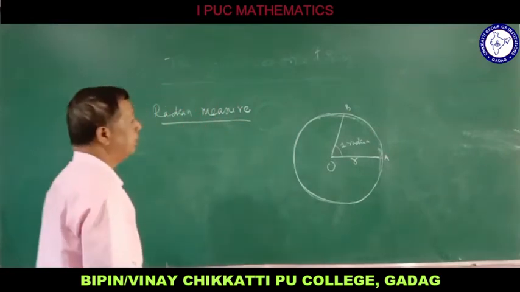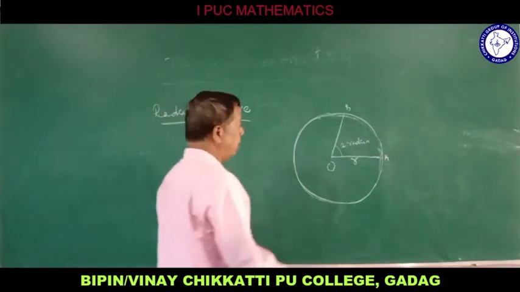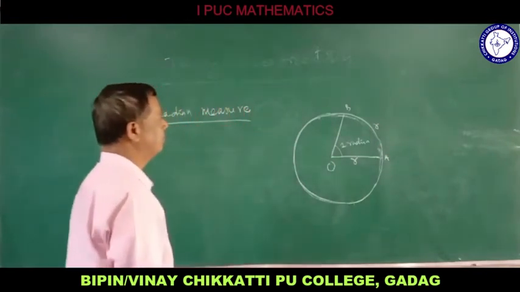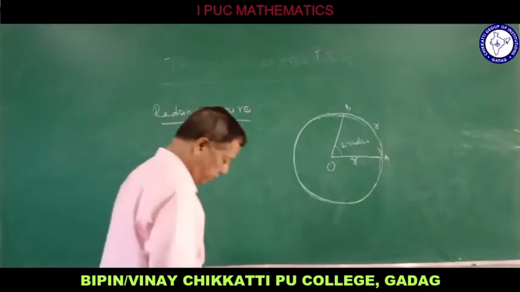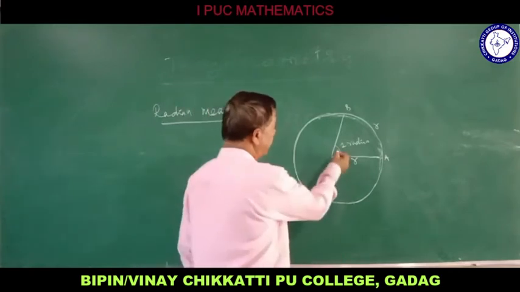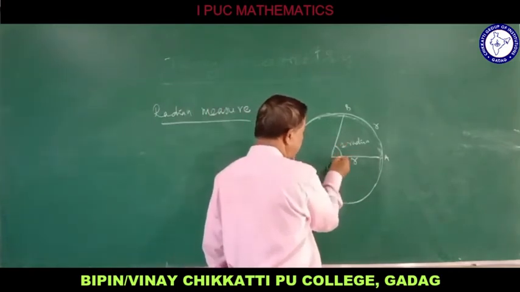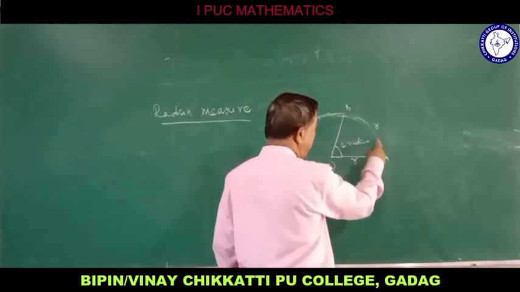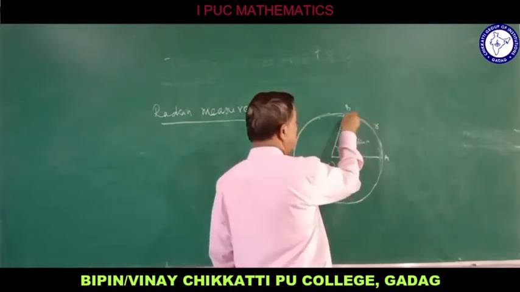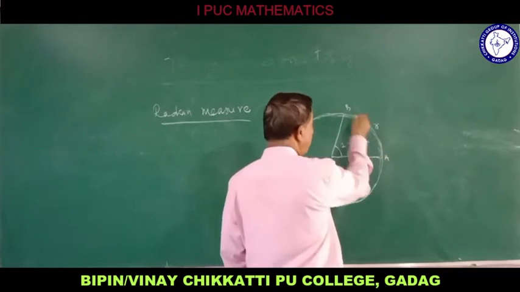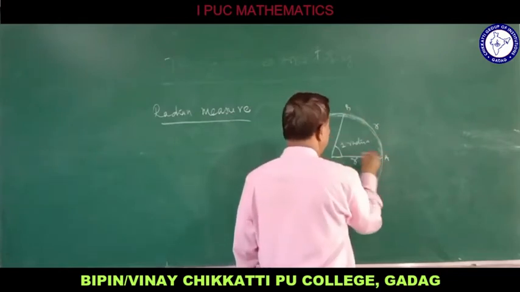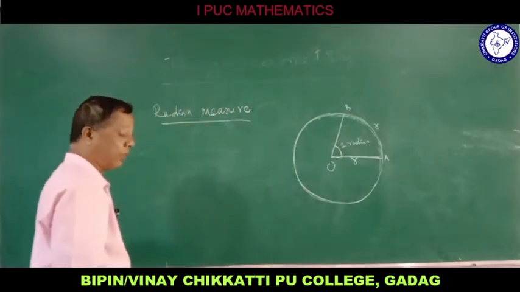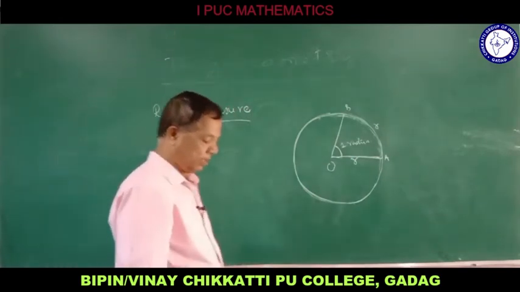One radian. So here you have to tell what is the definition of radian. Define radian means you have to tell: radian is the angle subtended at the center of a circle by an arc, AB is the arc, whose length is equal to the radius of the circle, and this is called 1 radian. Once again I repeat, very important definition.